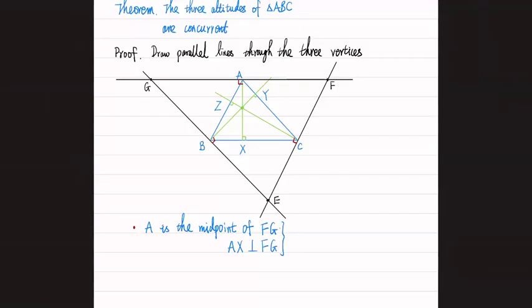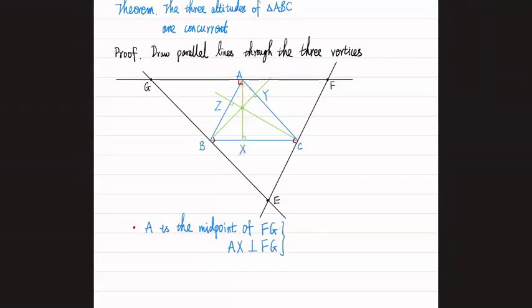What is this line called? What is the name for this? Orthocenter? No, this line. This line is a perpendicular bisector.